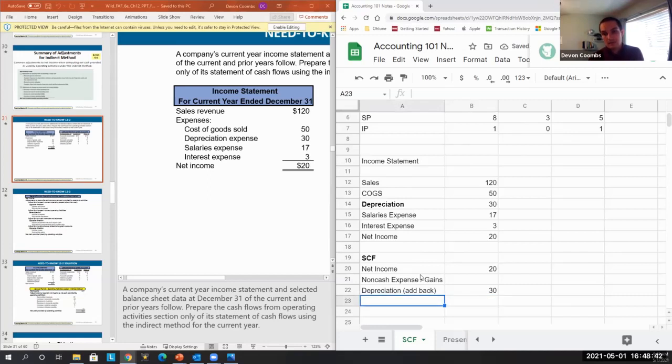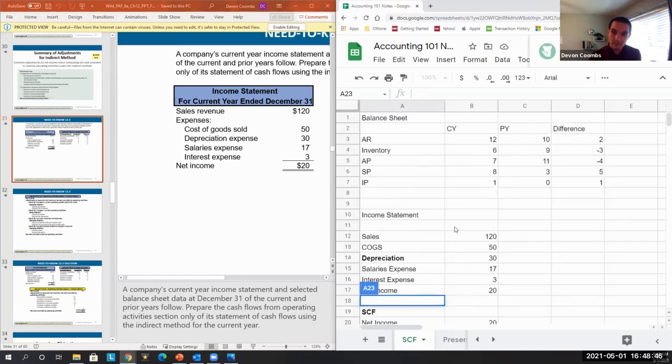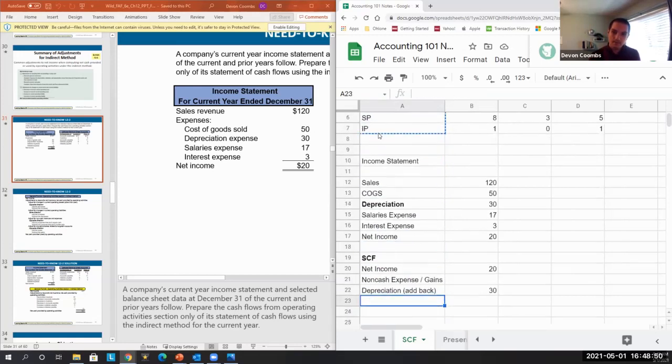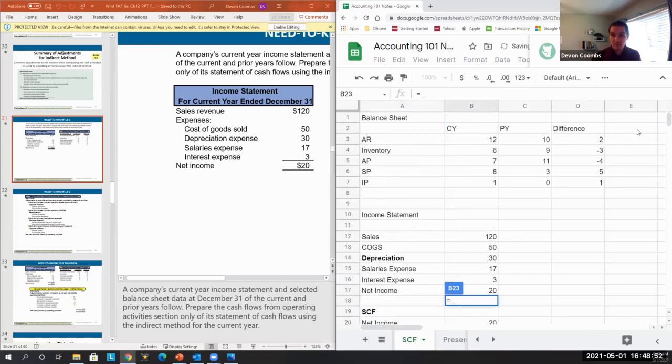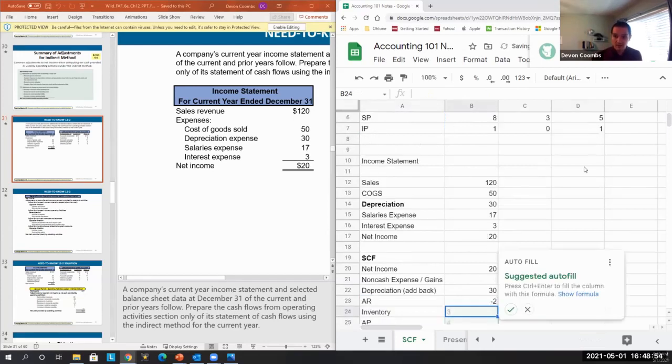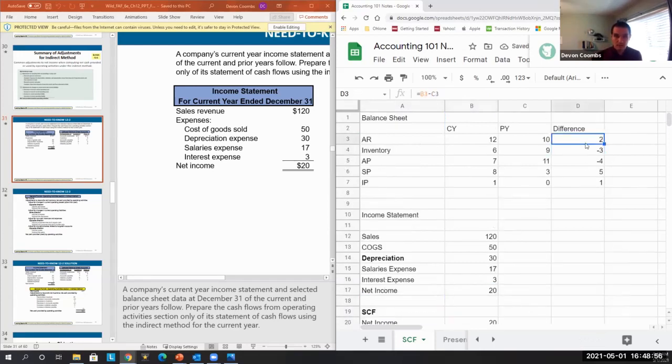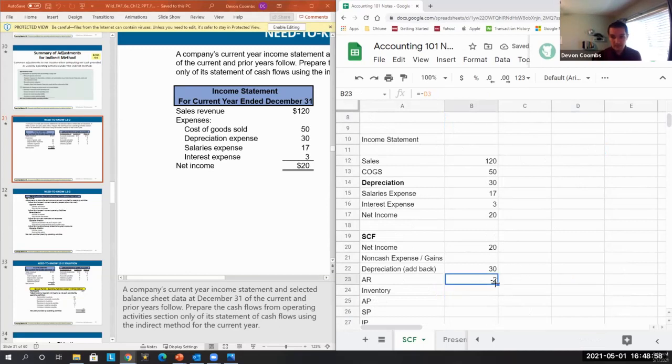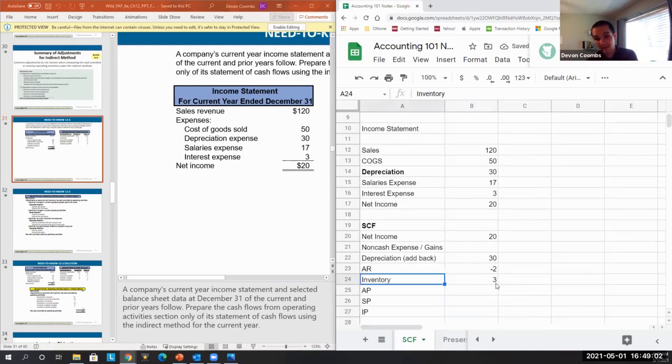And then we would take all of these accounts, AR, inventory, and everything. And then we just take the reverse of it, right? If we have an increase in AR, it would be a decrease because they're short-term assets.